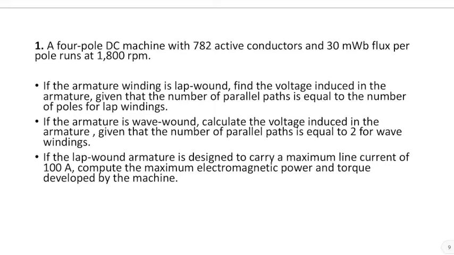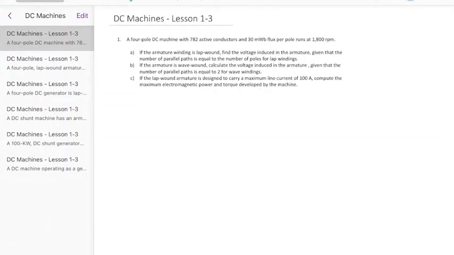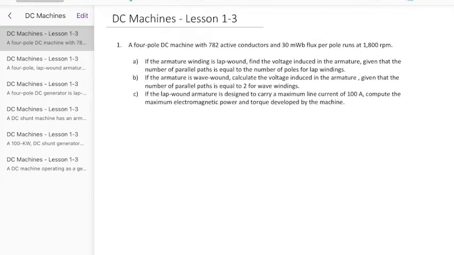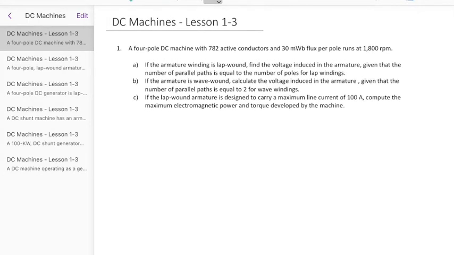Letter A: if the armature winding is lap wound, find the voltage induced in the armature, given that the number of parallel paths is equal to the number of poles for lap windings. I have copied it here. So let's write the solution.